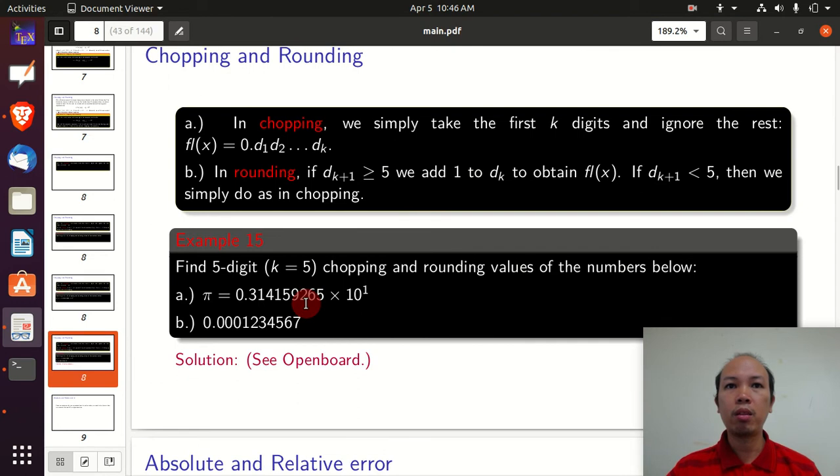Example 15, let's solve this example. How to get the 5-digit chopping and rounding of these numbers.